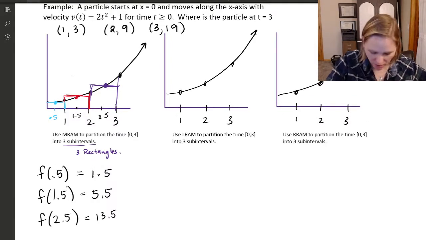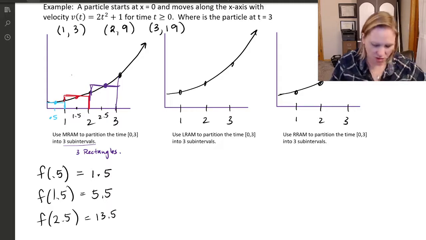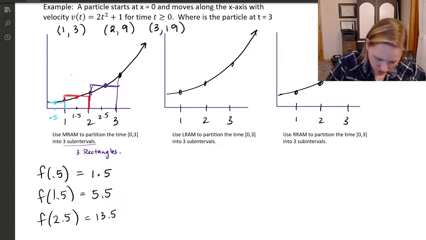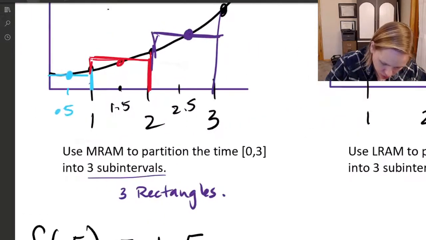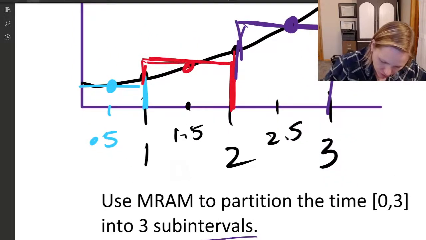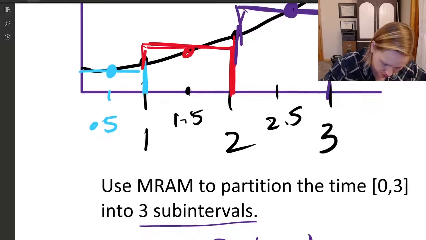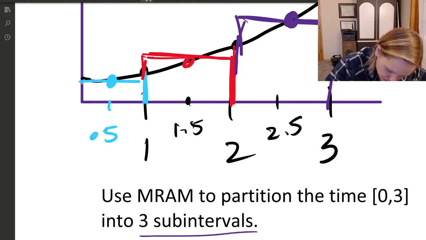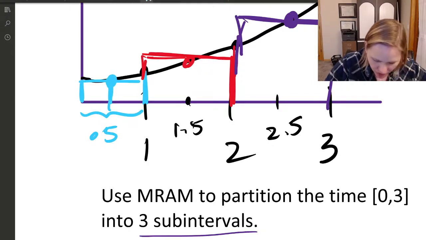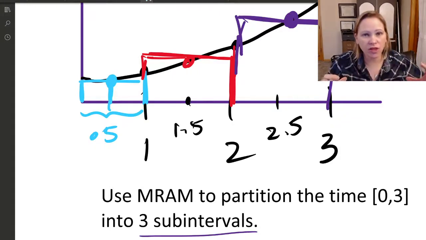So here are my y values, and again, the idea is length times width, right? So when I look at this first blue rectangle here, 0.5 is the x value, f of 0.5 is 1.5. So the idea here is that because I'm going up to this height right here, this distance is 1, so it's the width of the interval.